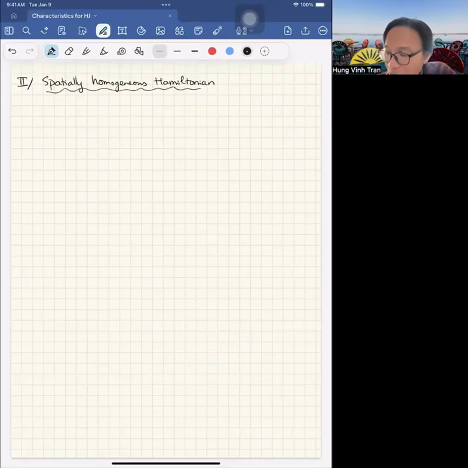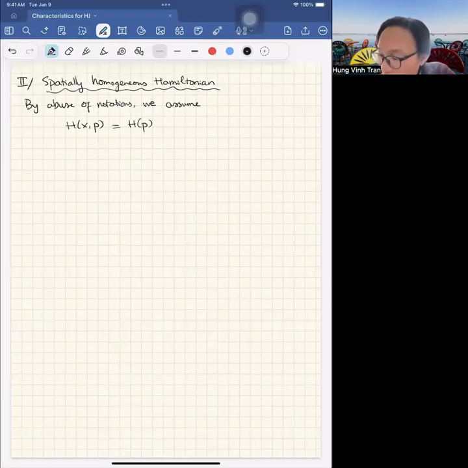Spatially homogeneous Hamiltonian means that it's homogeneous in space, that it's independent of the spatial variable x. By abuse of notation, we just assume that H of x, p is now only dependent on p, so it's independent of x.